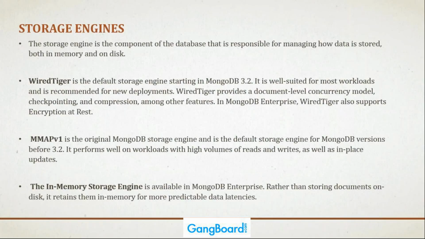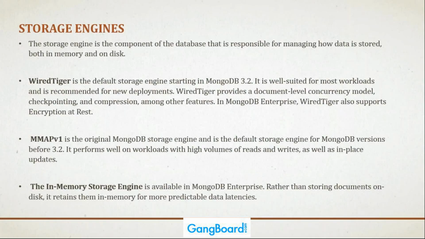But when you come to WiredTiger, the locking is at the document level. So let's say you have 10 documents inside a collection. If you are updating the first document, you will still be able to read and write the other documents in the same collection. So that is the difference in locking level.